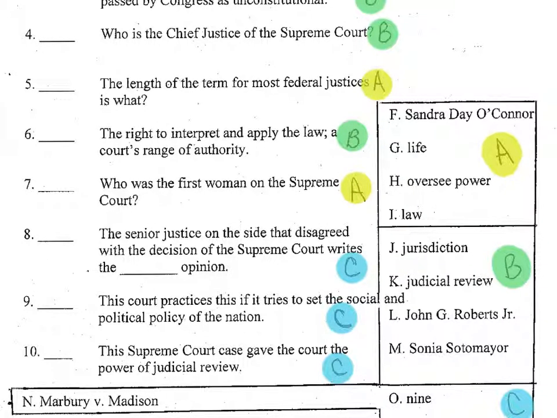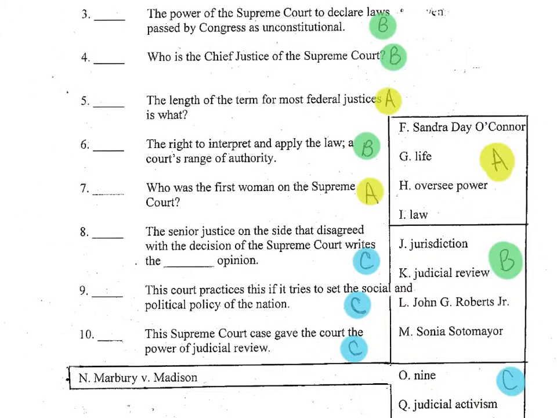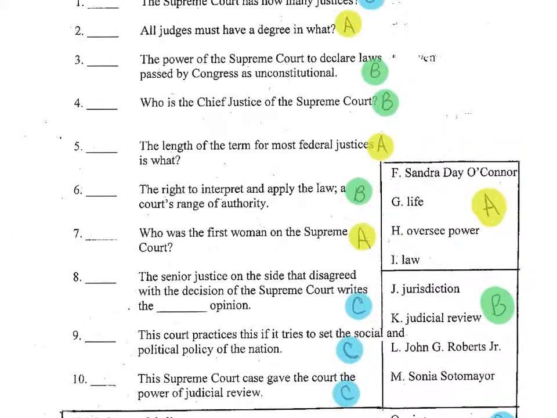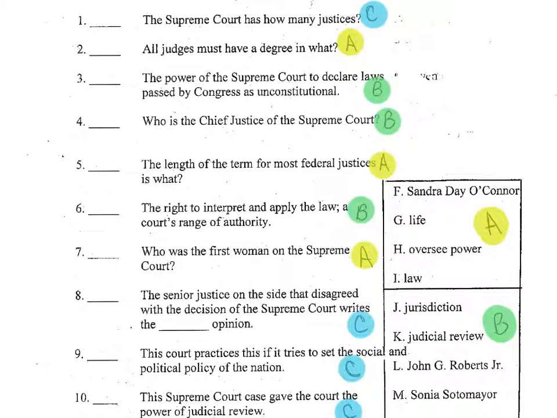All right, these are all the green ones marked. And your choices are jurisdiction, judicial review, John G. Roberts, Jr., and Sonia Sotomayor. Okay, so this applies to four questions. Let's take a look here to make sure we got them all.